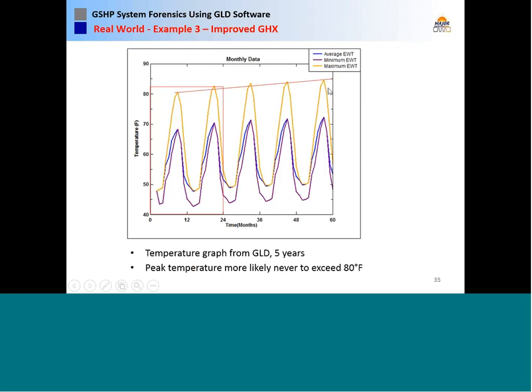This is a problem we have with simulation software, because it only accounts for the perimeter of soil to the furthest limits of your loop field, so it's not looking at the dissipation capability of the loop field. Same thing on a heating dominated load, where this can inverse and say maybe in 10 years you're going to freeze up the loop field. If it's going to work in the first year or two, it's going to work, period.